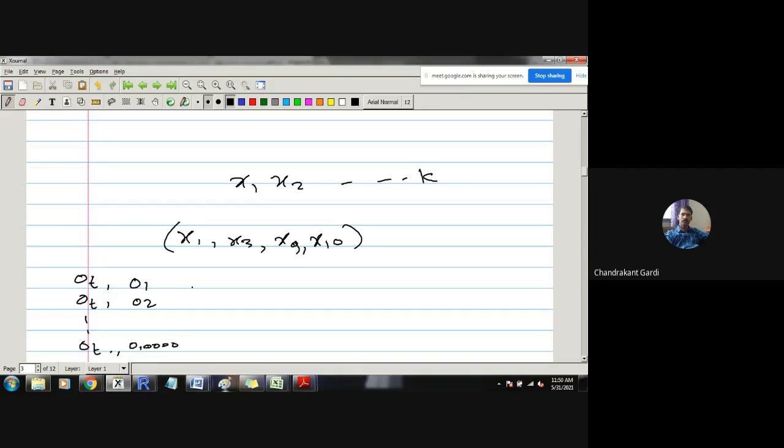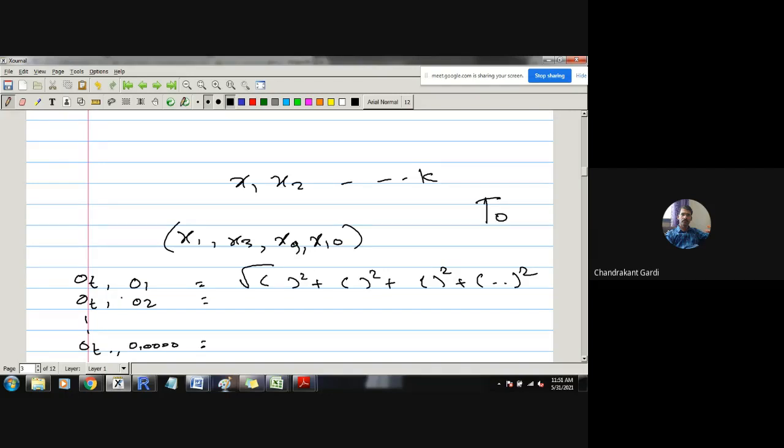These differences will be calculated in terms of only these four variables. So there will be four bracket terms only. Even if the variables in the database are k, we will take the difference in terms of only these four variables, and we will put a certain threshold value. Say t naught is the threshold value.